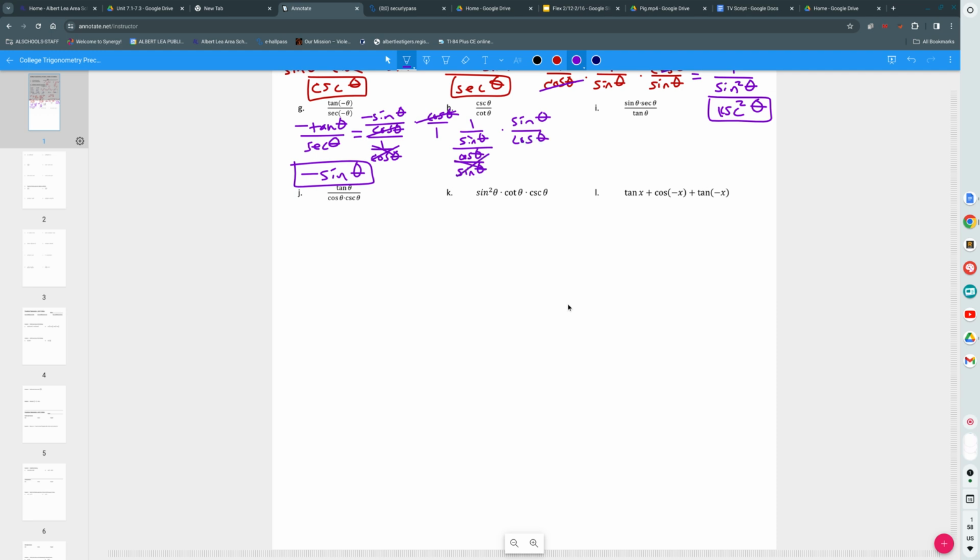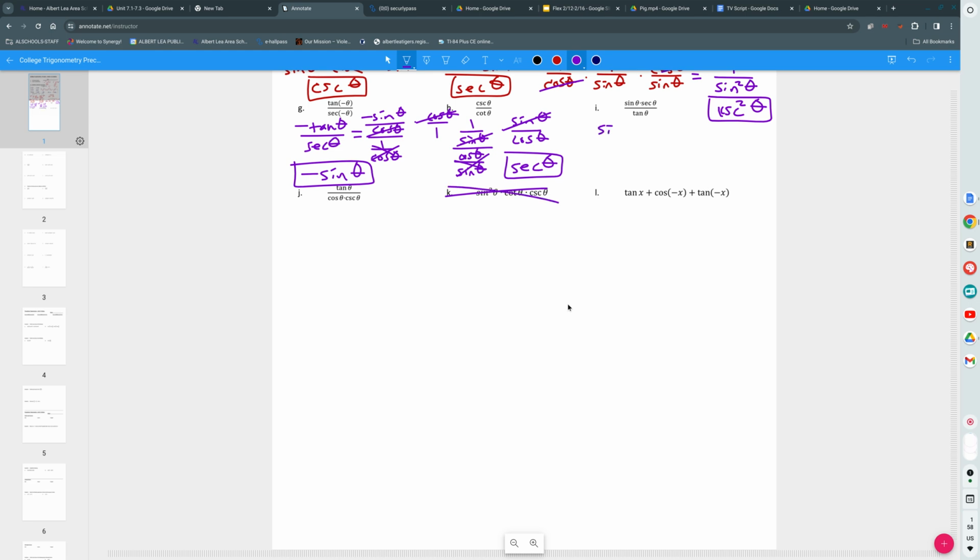I notice that as I multiply by the reciprocal, the signs cancel. I get 1 over cosine, which should be secant of theta. Now, the truth is that none of the problems I give you on the test will be quite this simple. We need to progress towards ones that are a little bit more challenging. This is to get you used to a technique that we use. Just try and get you a little bit more familiarity. We're going to skip problem K, but we are going to do the others.